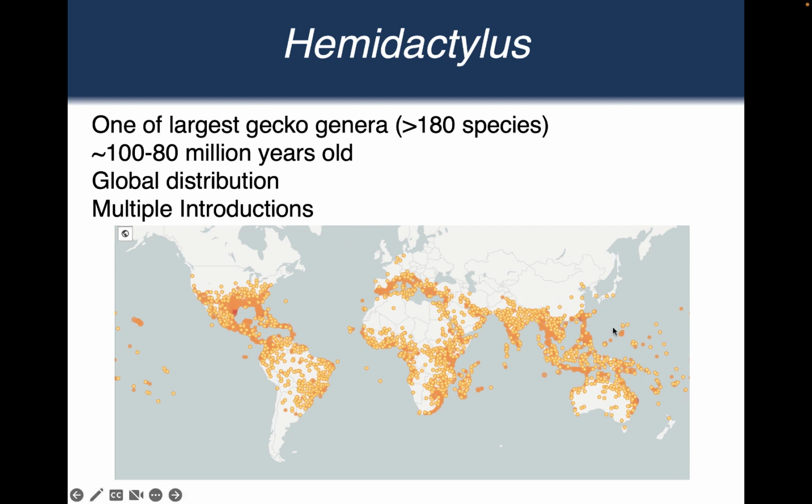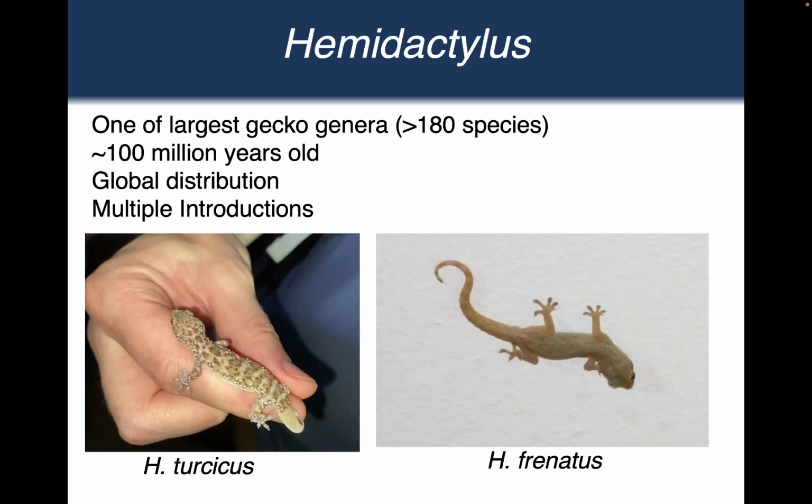Pretty much anywhere that's tropical, temperate, or arid environments, there's probably Hemidactylus species there. And so they, on their own, over the history of the clade, they've been really good at colonizing new environments. And then even more recently, humans have also been really good at spreading them around. And so if you are kind of familiar with geckos or doing tropical herp research, you're probably familiar with some of these species.